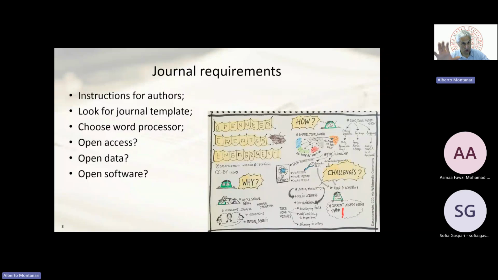So if you want other people to be able to reproduce your results, you have to make the data available, and some journals require that. You have to make the software available in a way that it can be used by other users, and some journals require that they also review the software that you present. Just keep this in mind, because it may help you a lot in structuring your paper in the best way. Okay.